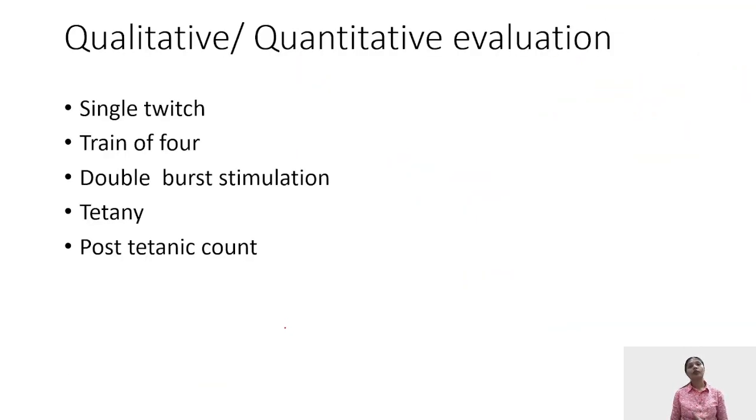Coming over to qualitative analysis, I have given you an option of qualitative as well as quantitative in these 5 because these 5 are done with the help of a peripheral nerve stimulator, and further analysis can be done in 2 ways. One, visual or tactile analysis, which is the qualitative analysis and not reliable.